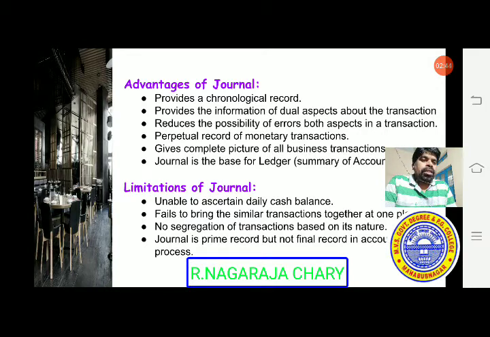These two aspects' information is provided by the journal, because these two aspects are recorded in the journal. So, that is why a particular transaction's dual aspects are recorded in the books of account, that is the journal. So, that is why journal provides us dual aspects.